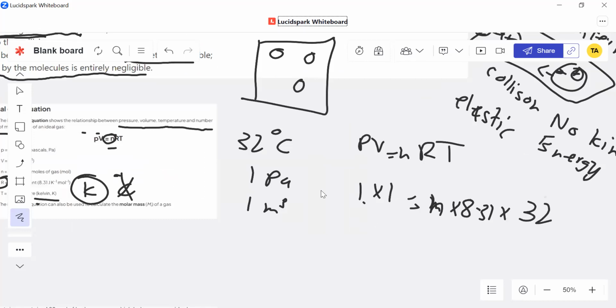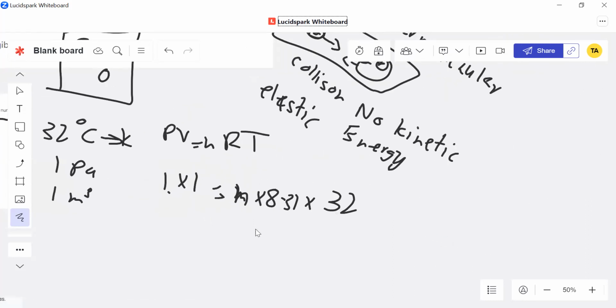Now the temperature is 32 degrees, but I've told you earlier, the unit is Kelvin, and they'll always give you the temperature in Celsius, and you have to convert it into Kelvin. So how do you do that? Well, any temperature in Celsius, if you add 273 to it, will become Kelvin.